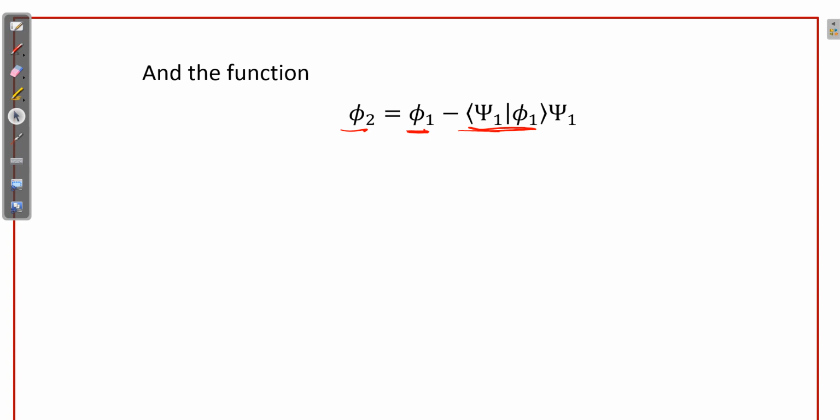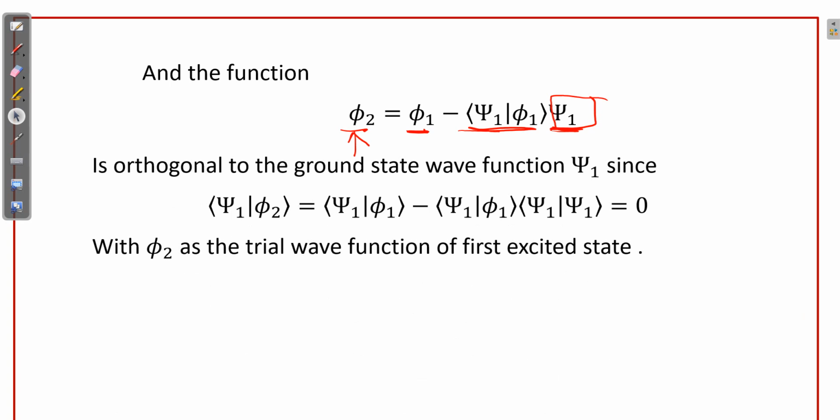This is the trial wave function of the first excited state, which is orthogonal to psi 1. This can be proved as follows: the product of psi 1 with phi 2.